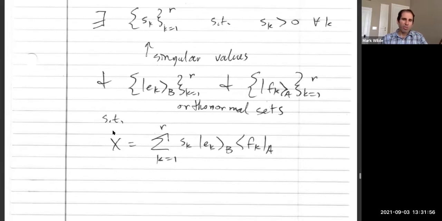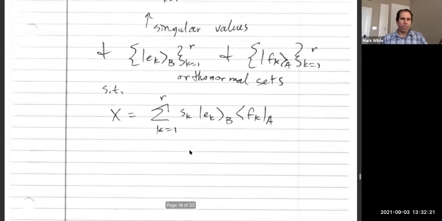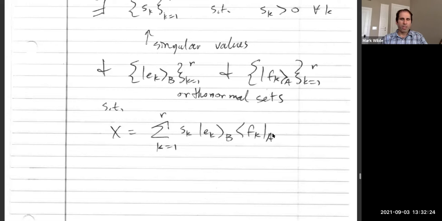And then you can write the operator in this way. Take the duals of the vectors from this set, and then that acts on the input, and then take these vectors and pair them up in this way, and then sum them. And then the scaling corresponds to the singular value. So what this allows you to do is to think of an operator in kind of a way like you have these orthonormal sets, right?